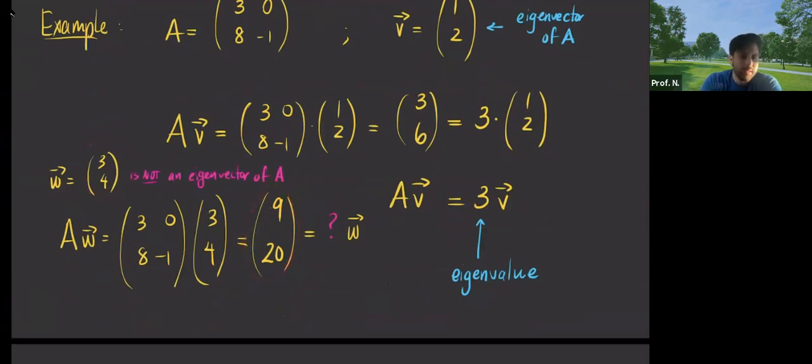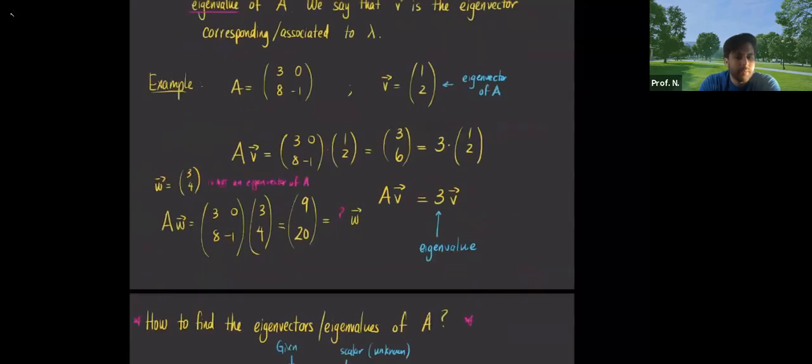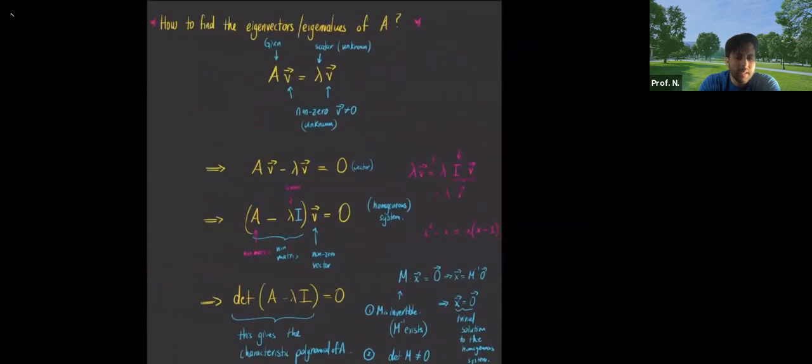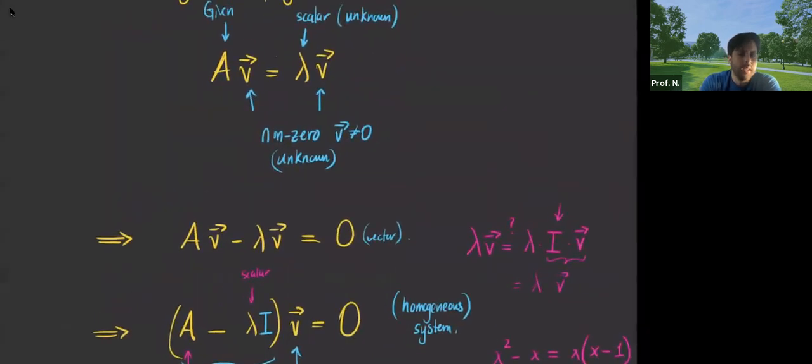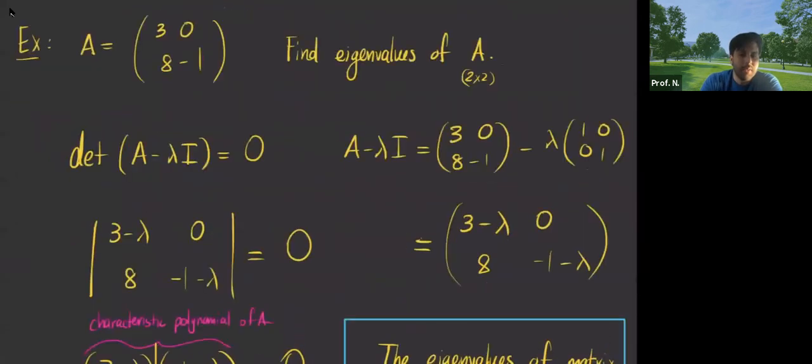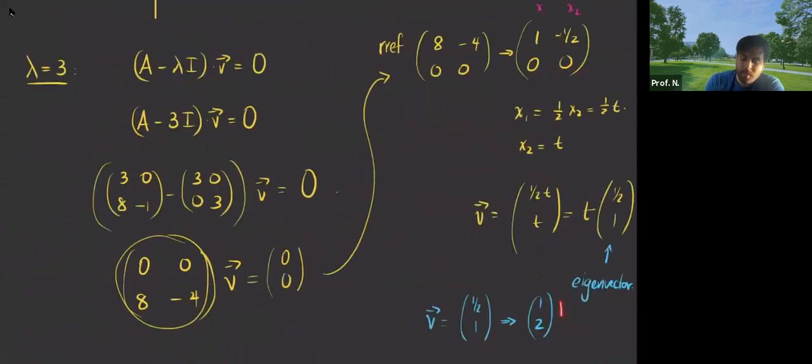As I showed with 3, 4, it doesn't work. That's why this is not a trivial thing. It's very significant that such a vector exists for A, that when I multiply by A, it's just a scalar multiple of that vector. Not everything works that way, only the eigenvectors. And so the eigenvector is this one. Boom, I got it.